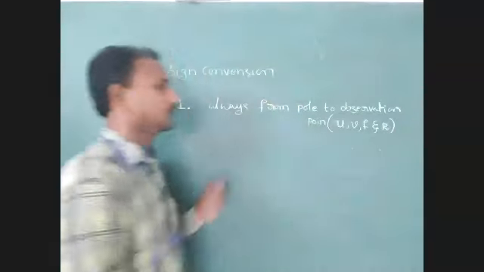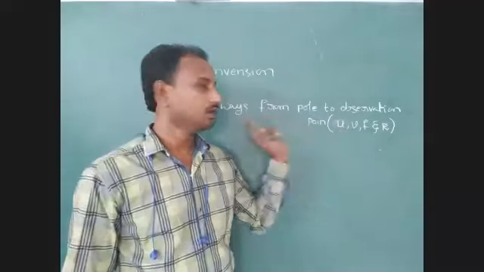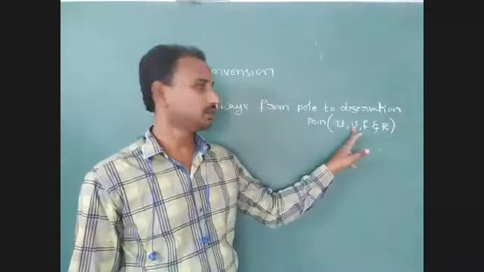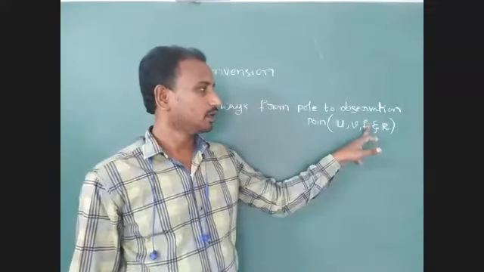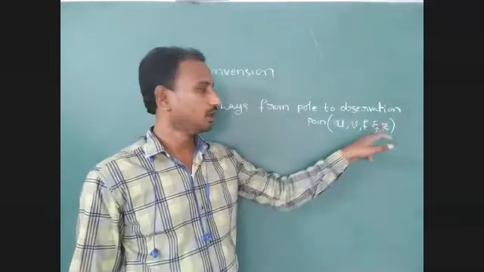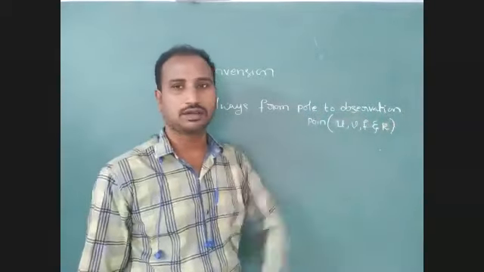We calculate the object distance from pole to object, the image distance from pole to image, the focal length from pole to principal focus, and the radius of curvature from pole to center of curvature.